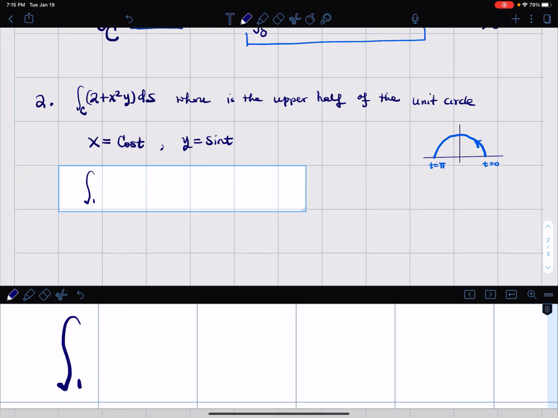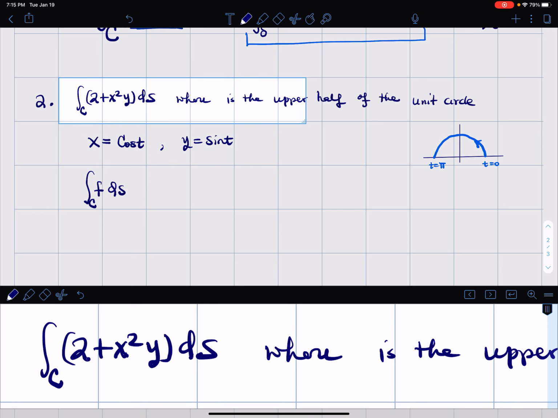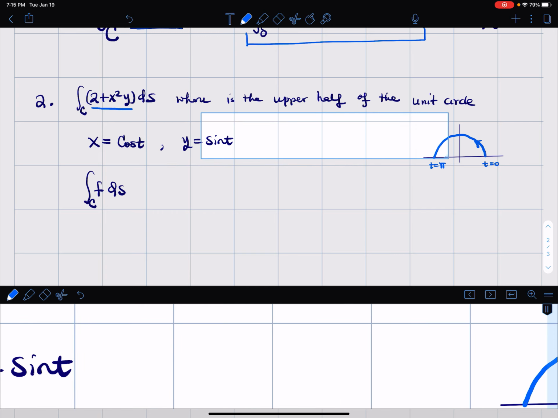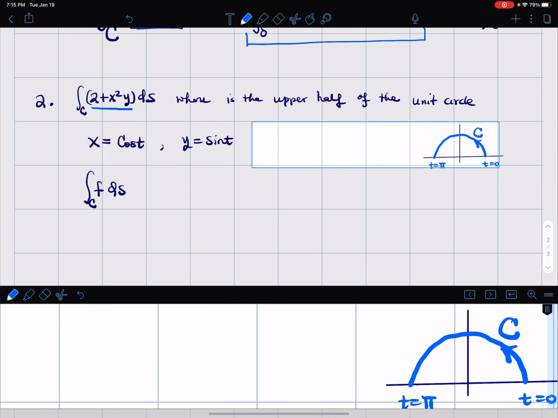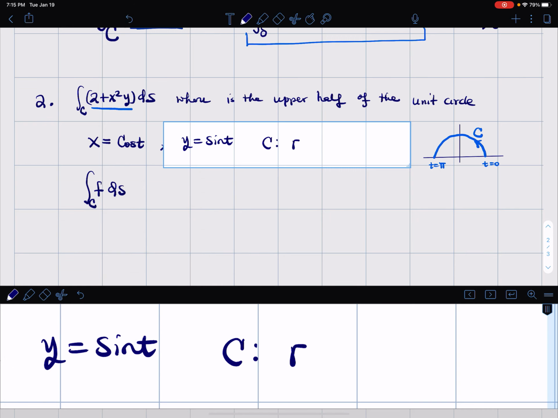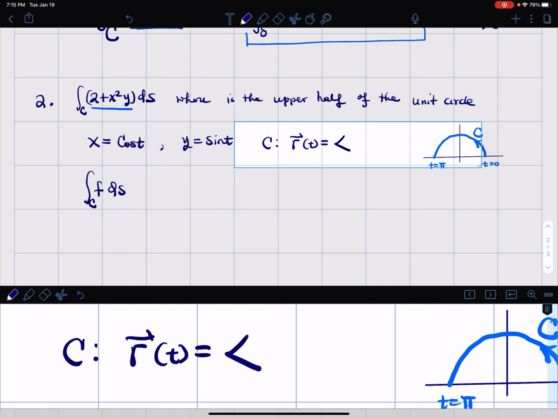Now we want f. Remember, f ds. This is your f in this case. This is your f right here. And your C is this curve. And the parameterization of your C is r of t such that x is cosine t and y is sine t.